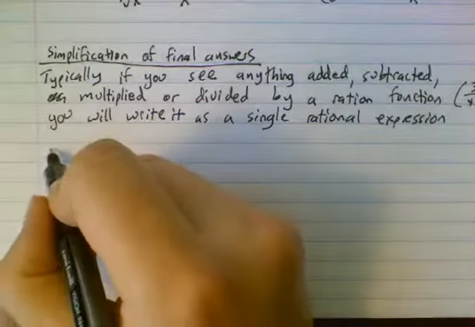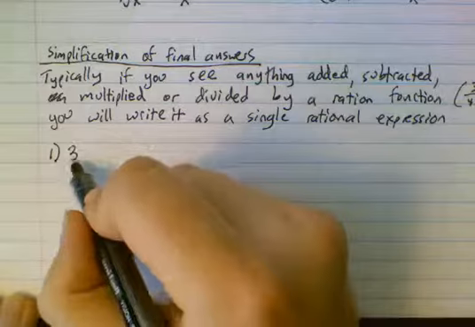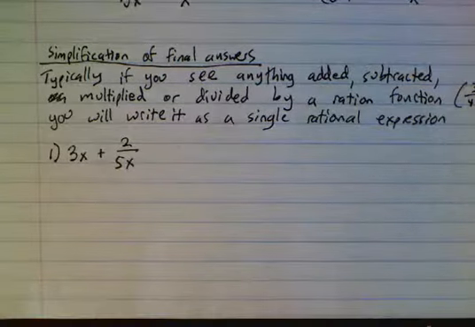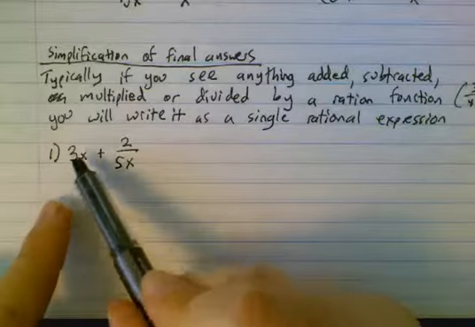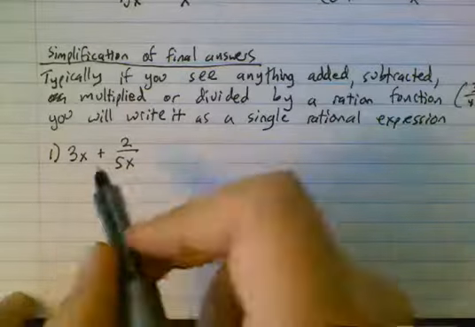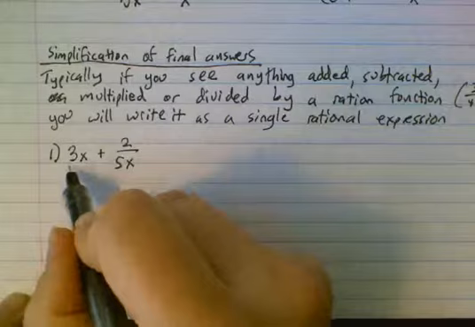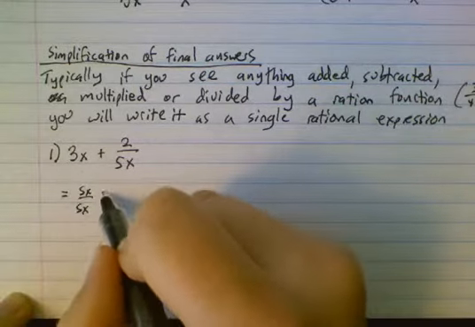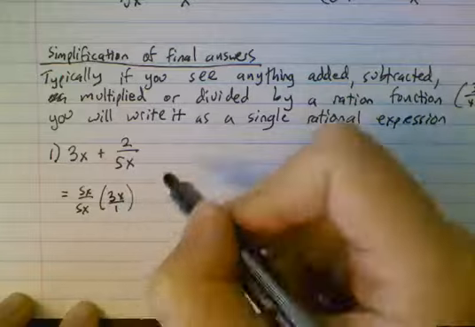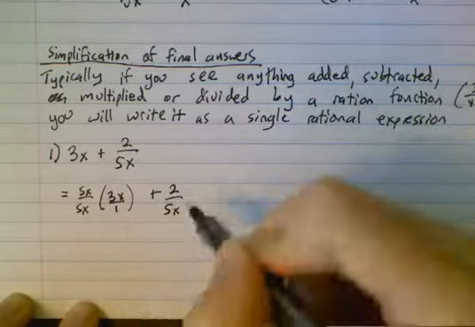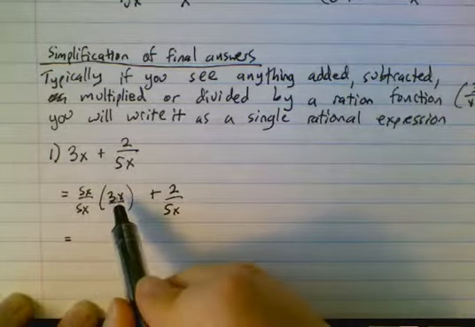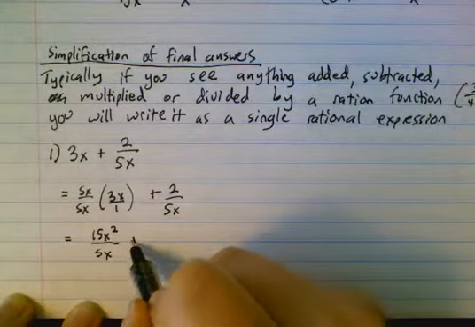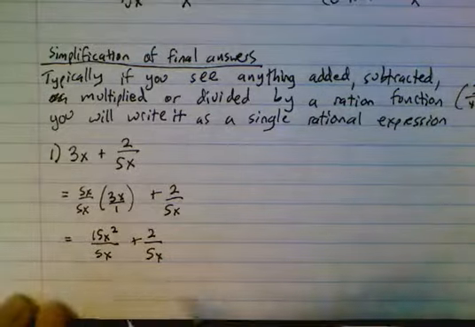So that means, for example, let's say that we had 3x plus 2 over 5x. We're going to write this as a single rational expression, so we're going to need to get common denominators first in order to add this up. This is 3x over 1, so 5x is going to be our giant 1. 5x times 3x is 15x squared over 5x plus 2 over 5x.